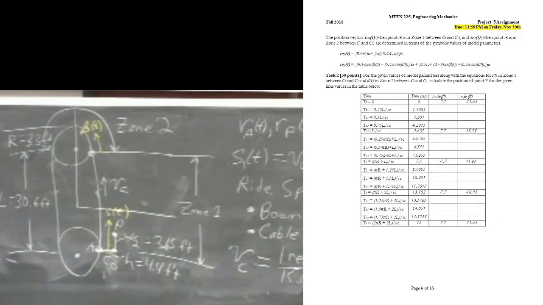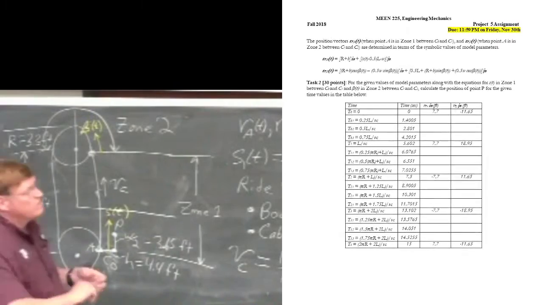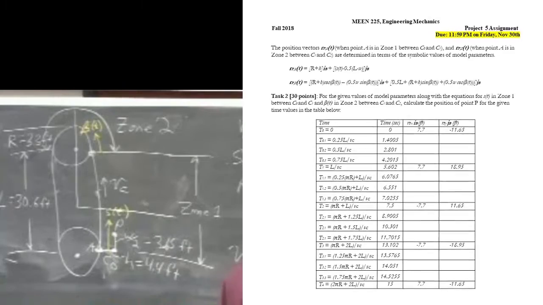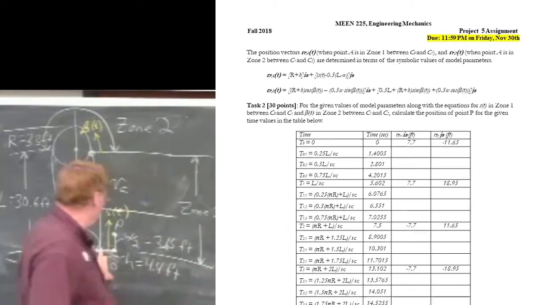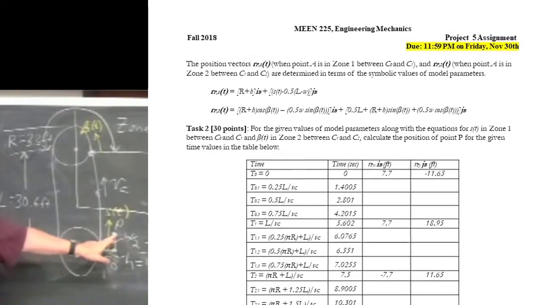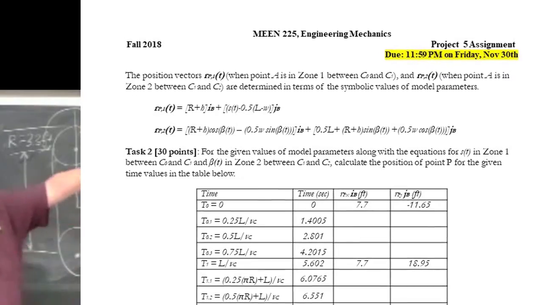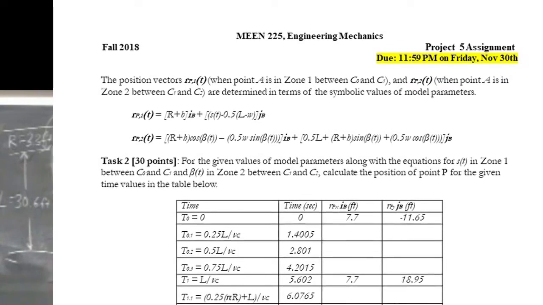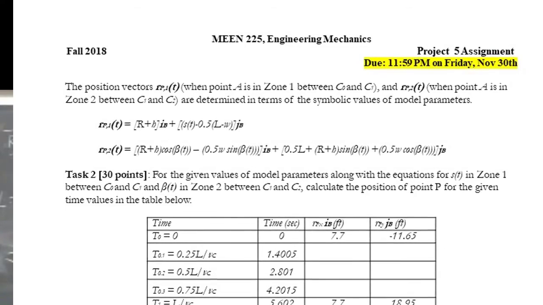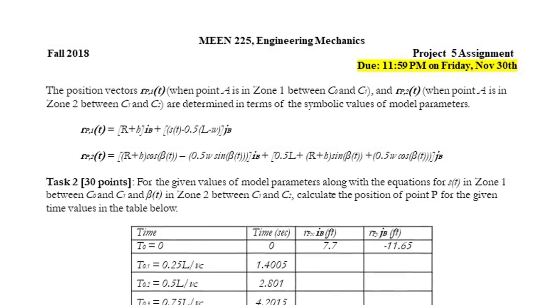You're given your different, we'll call it position vectors. Your worksheet gives you your position vector for A, the attachment point to the cable, and also how it translates to the attachment point for the pivot pin, okay? So you know R of P, let's just focus on R of P, that is a function of this S of T and this beta of T, depending on which zone you're in, okay?